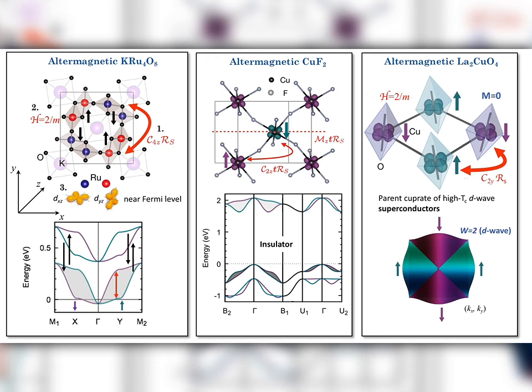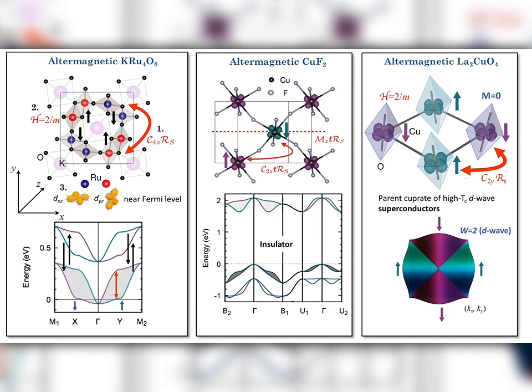And another example, maybe surprising, is that the altermagnetic order can also form in the parent cuprate materials. The example is this lanthanum copper oxide here, which also has this locally anisotropic oxygen environment of the magnetically ordered copper atoms, and these anisotropy axes are mutually tilted.